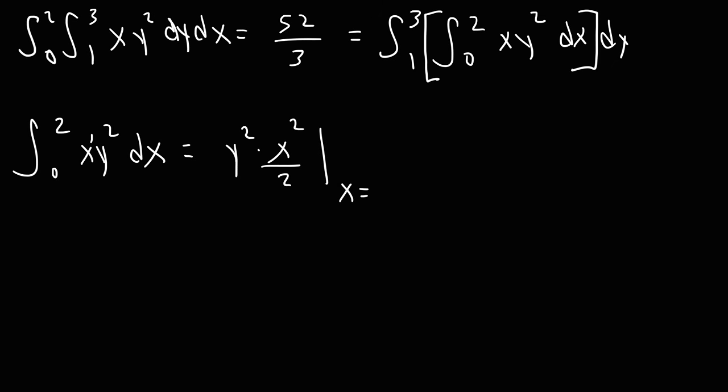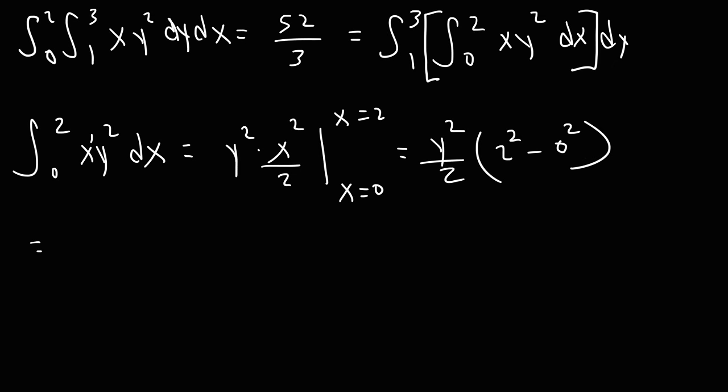And we're going to evaluate it from 0 to 2. So this is going to be y squared over 2, and then x squared, that's going to be 2 squared minus 0 squared. So 2 squared is 4. 4 divided by 2 is 2. So right now we have 2y squared.